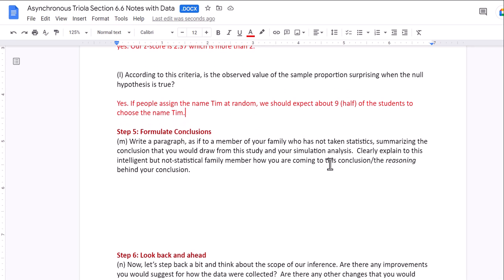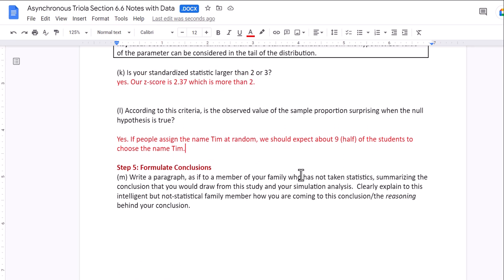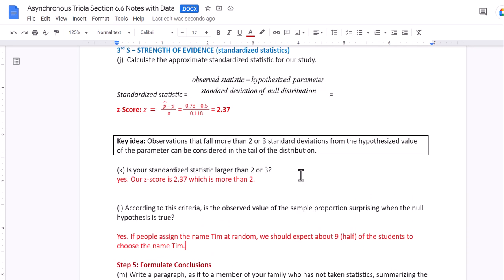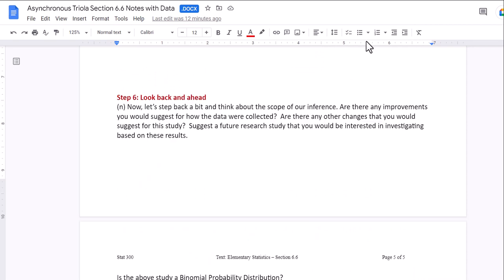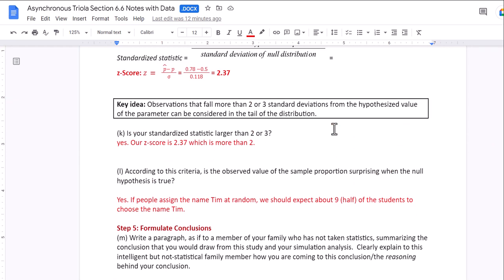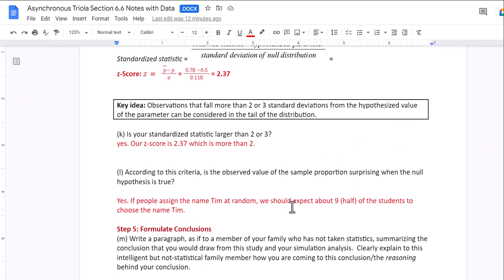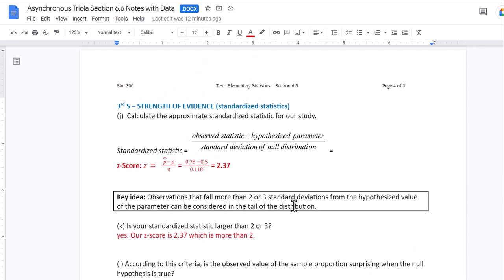So what can we say? We have strong evidence against the null hypothesis that people are choosing the name Tim at random.